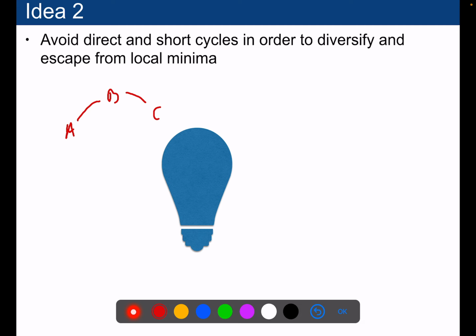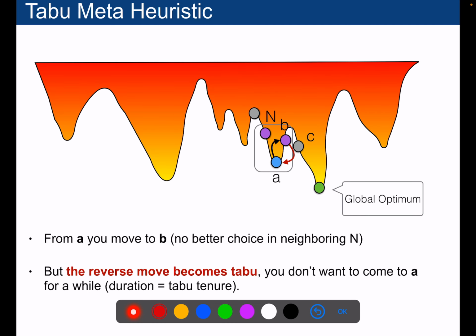And this is what I mean by avoiding direct and short cycles. Okay, one way to avoid that is to use what we call the Tabu heuristic. It's pretty easy to understand and it's very efficient in practice. So it's always something that you should try first in your project: to apply a Tabu search in case you have local minima and you want to escape them efficiently.